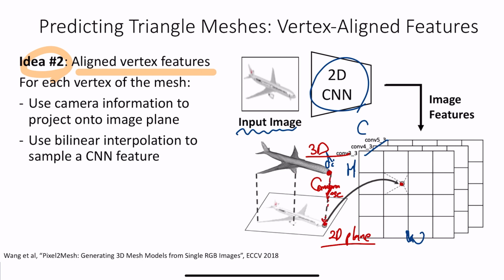Then we can extract the 2D feature vector by using bilinear interpolation of the 2D feature map. Then, right, this is the Fi, the corresponding feature vector. So in other words, use the camera information to project onto the image plane from here to here, and use bilinear interpolation to sample the CNN feature vector and use it during the graph convolution.